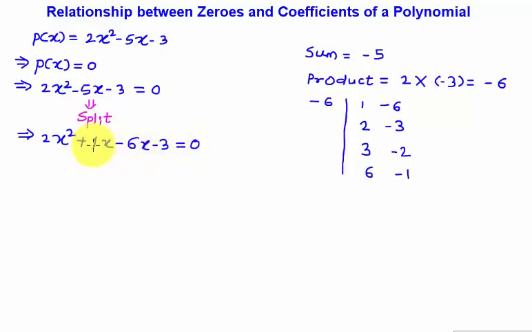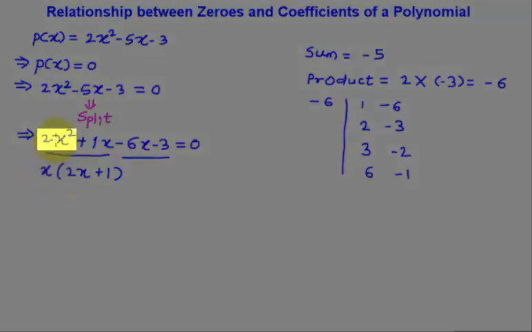Now it is not necessary to write 1x. You can simply write x, but for the sake of understanding we are writing it as 1x. Now let's form a pair of the first two terms and the last two terms. From the first pair we can take x common and what remains inside the bracket is 2x plus 1.